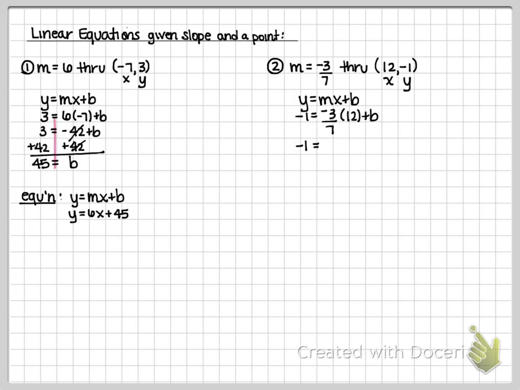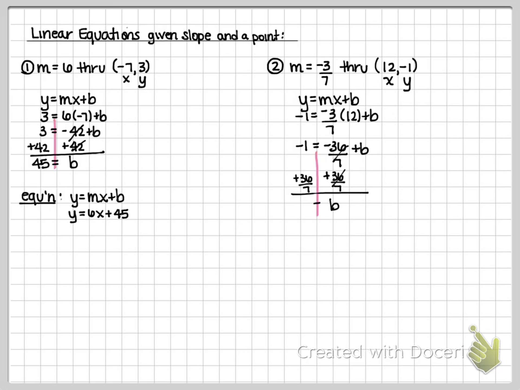Go ahead and perform the multiplication. Do the exact same thing you normally would. Now in this case, since I want to add these values together on the left-hand side, I think I'm going to go ahead and get a common denominator.